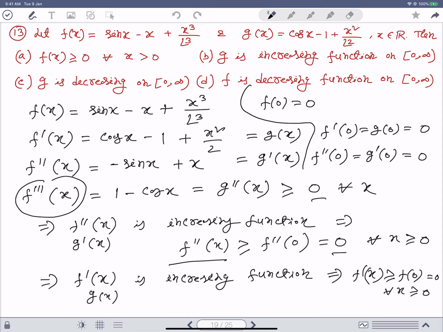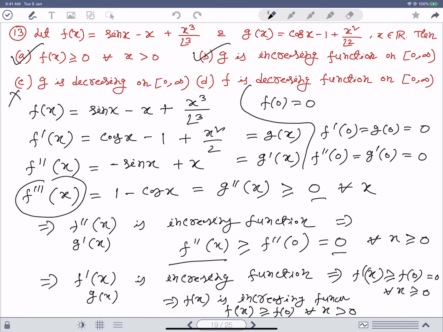Therefore, again f dash x is bigger equal to 0. So, therefore, f(x) is increasing function. So, step by step you can get all of the increasing functions. Now, again this will imply f(x) bigger equal to f(0) for all x bigger than 0. Okay. So, we get this is greater equal to 0, this is increasing function. So, it is not true.